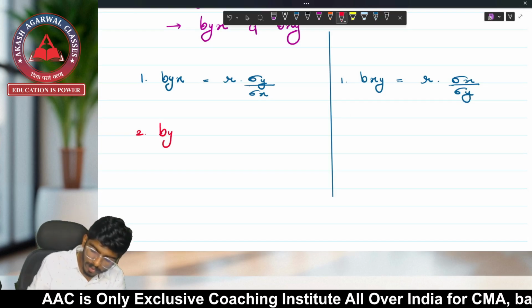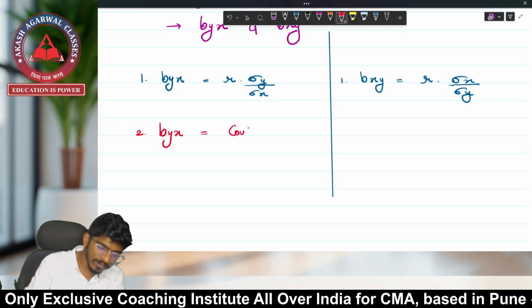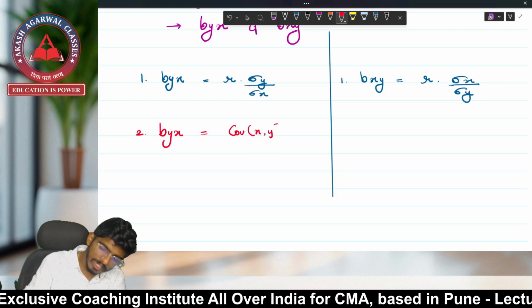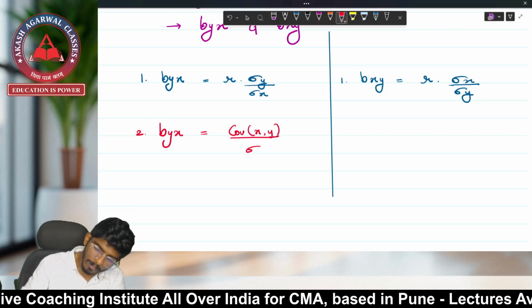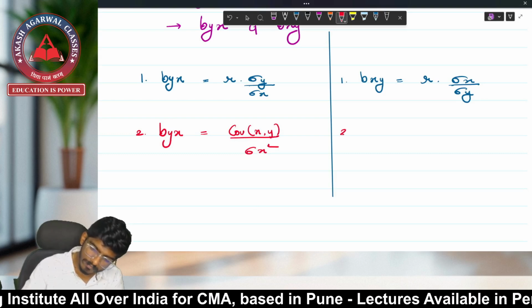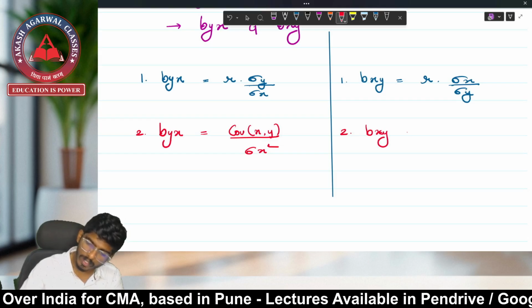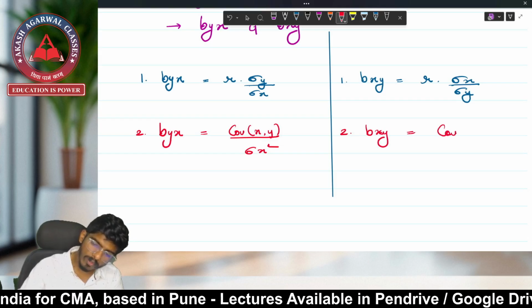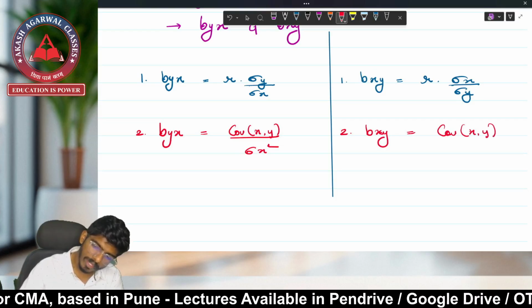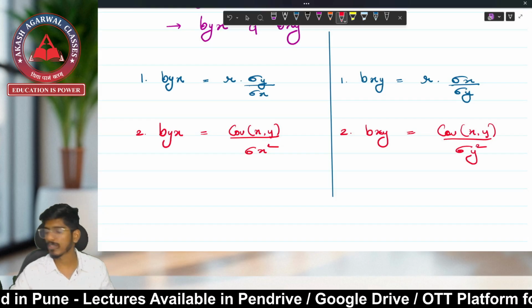So now one more formula for byx is going to be covariance of x comma y upon standard deviation of x square. For bxy, it is going to be covariance of x comma y upon standard deviation of y square.